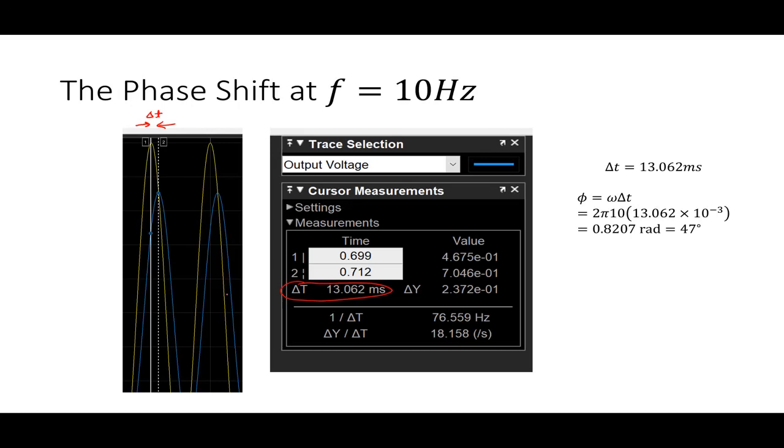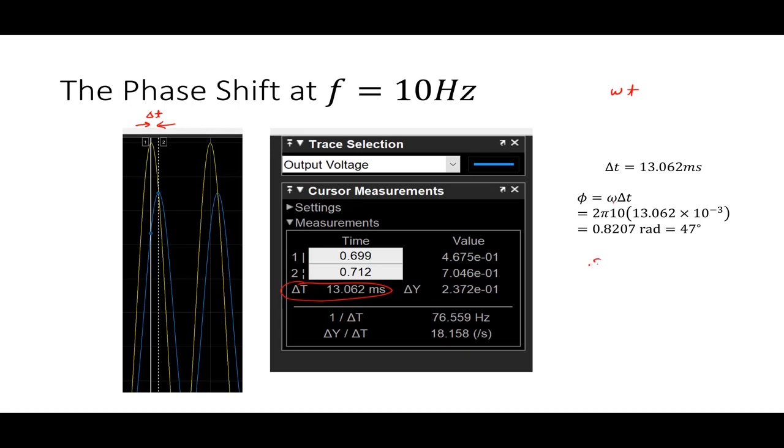13.062 milliseconds. If I want to relate that to an angle, remember we said that omega t is how we relate to angles. So if that time is 13.062 milliseconds, and I multiply that by how fast that waveform is changing, in this case 2 pi 10, I get 0.8207 radians, or 47 degrees.